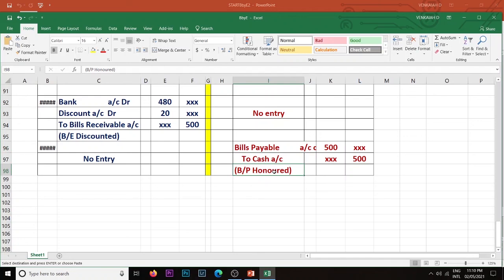The bill is presented by the bank to A. So A will pay to the bank, or B will collect the money from A itself.